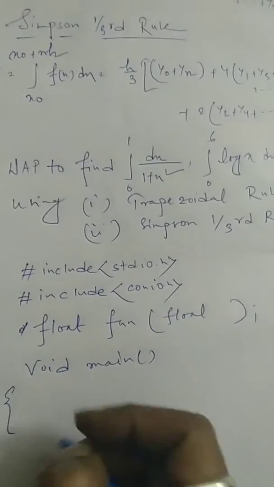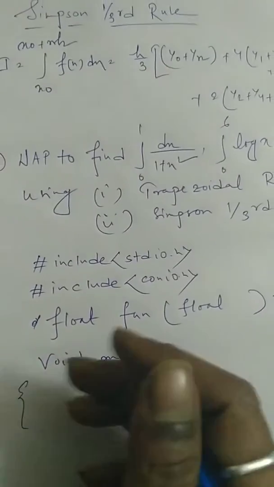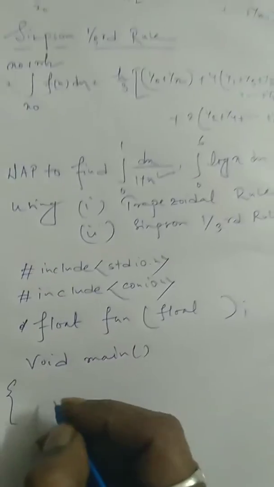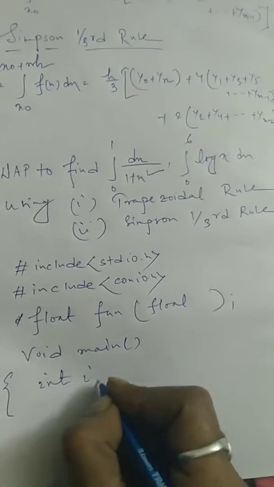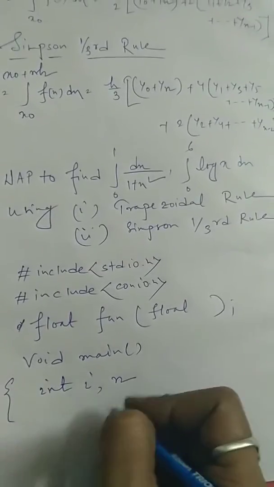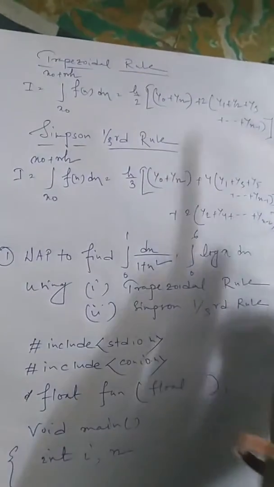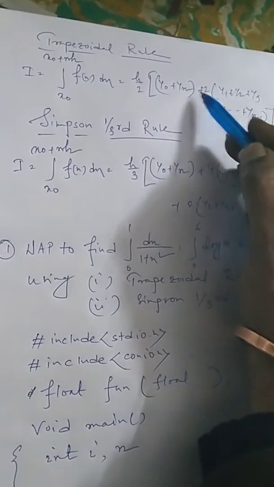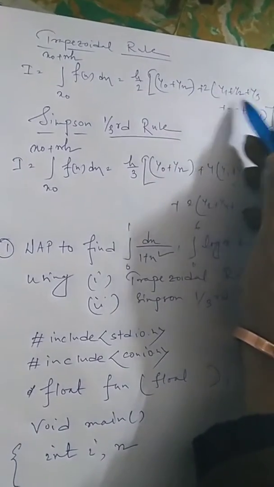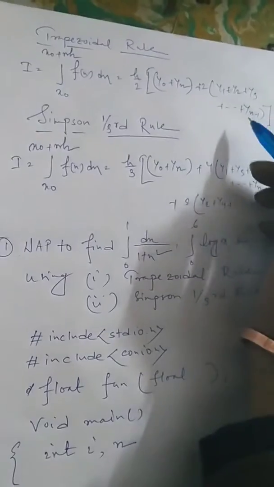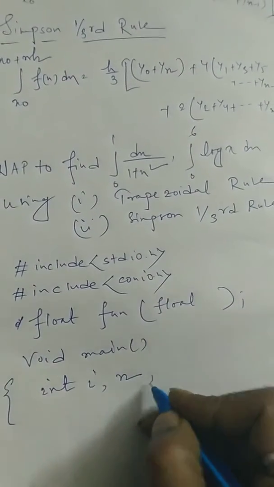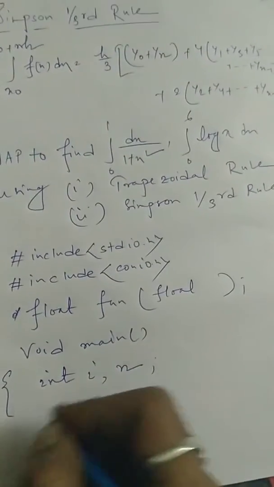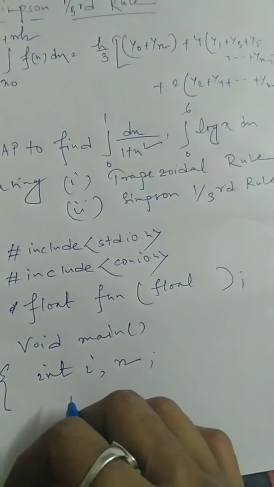Now when writing the program, first we take integer type i and n. We take i because we have to use a loop. Definitely, in the formula y0 plus yn plus 2 into y1 up to yn minus 1, we have to use a loop. For that we take i and n, n for the number of sub intervals.